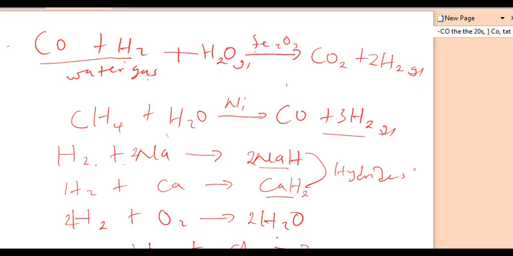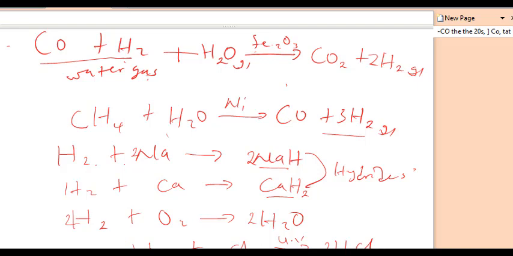This one occurs in the presence of ultraviolet light to give us hydrogen chloride. This hydrogen chloride can dissolve in water to give us hydrochloric acid. So these are the direct combinations of hydrogen with other elements.